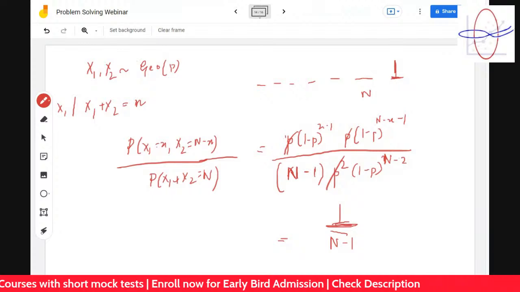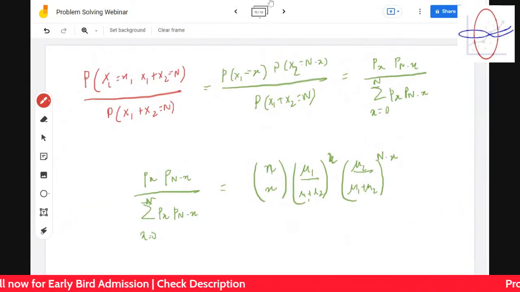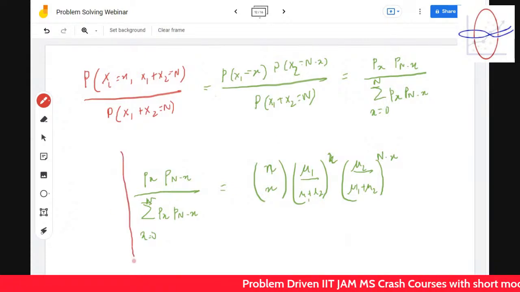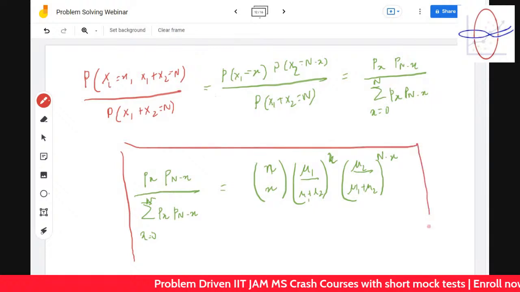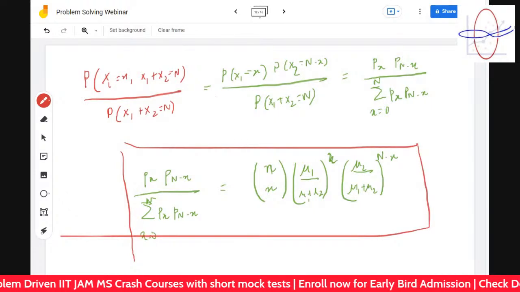Okay, so this is uniform, so it's not coming out to be binomial. So you have to understand the fundamental properties why it's coming out to be binomial in the previous case. So think about it. It's very important.